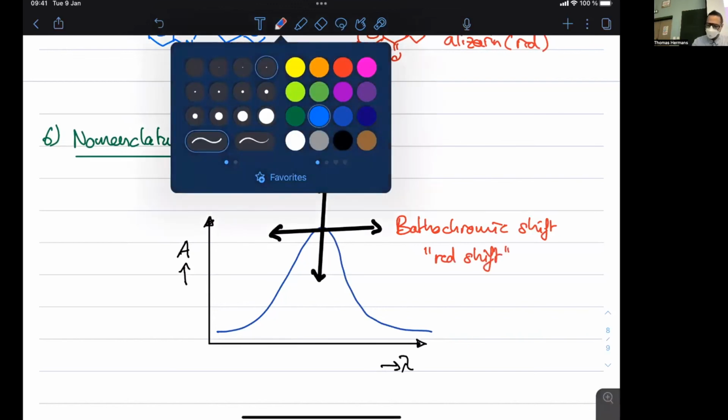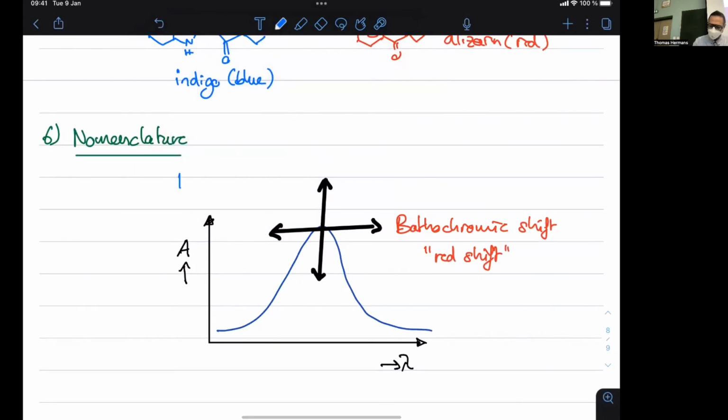In other cases, you can have what's called a hypsochromic shift or blue shift. So that means your spectrum moves to the left to shorter wavelengths, more to the blue, right? In the rainbow, you have blue here, and you have red here, right? So if something shifts to the right, you call it red shift, and if something shifts to the left, you call it blue shift.